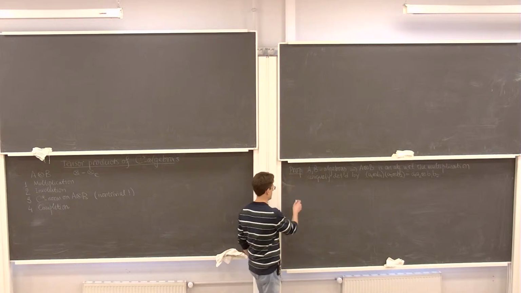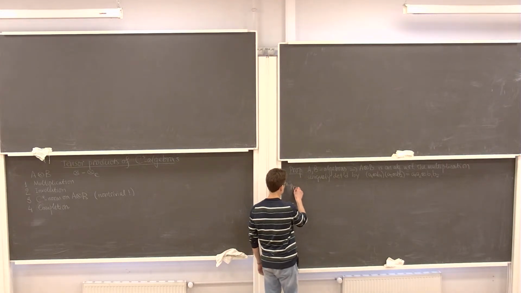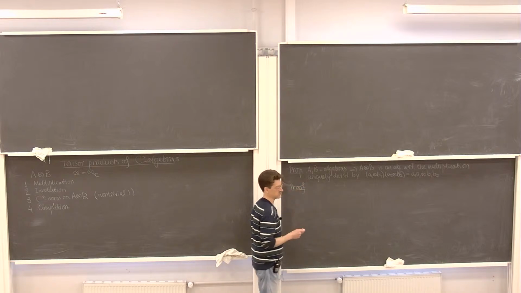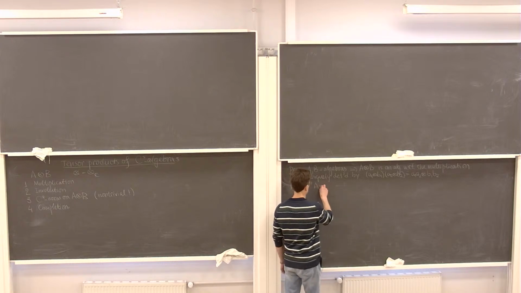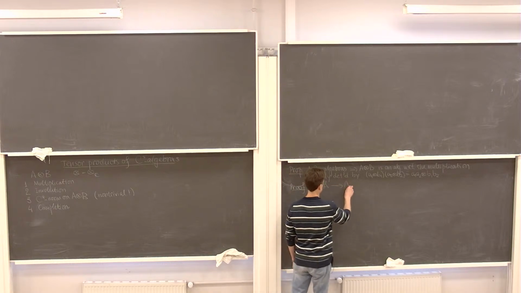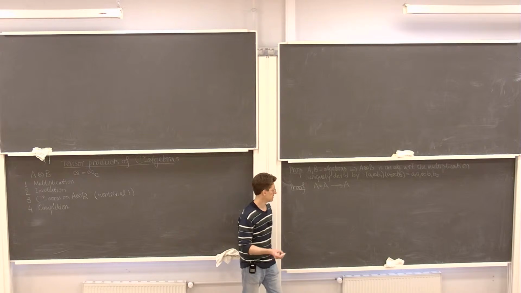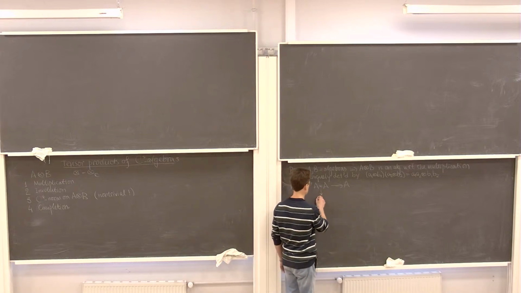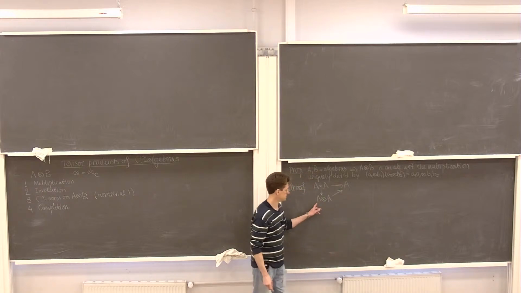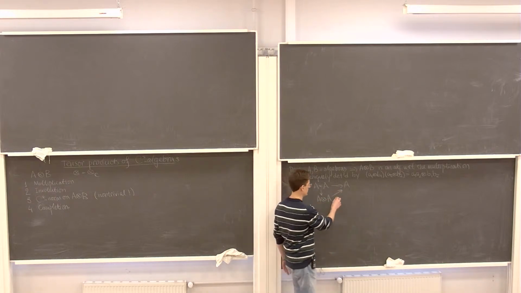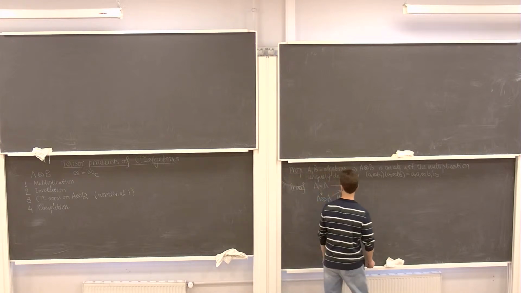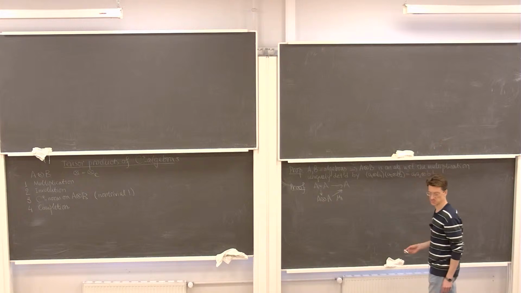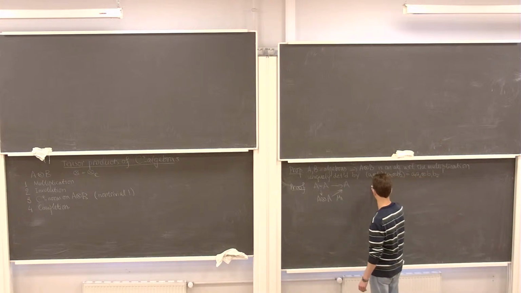The proof is a very simple application of the universal property of the tensor product. So the multiplication on an algebra A is a bilinear map, so it uniquely linearizes through the tensor product of A by itself. So we get a linear map from here to here, which will be denoted by mu A. And now to get the multiplication on the tensor product, we do the following.